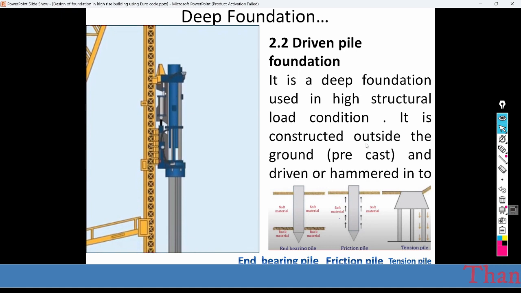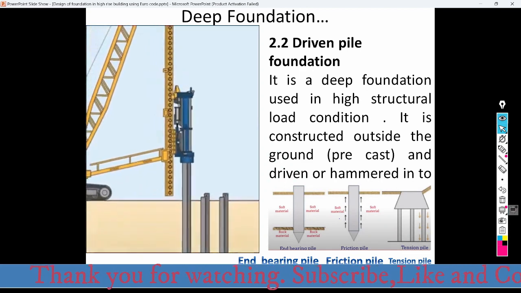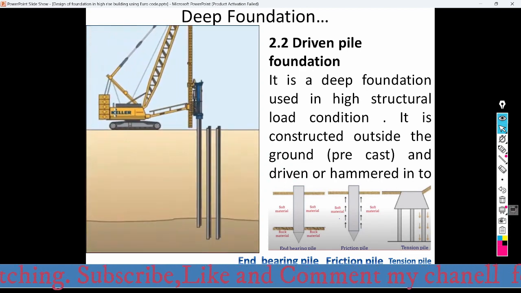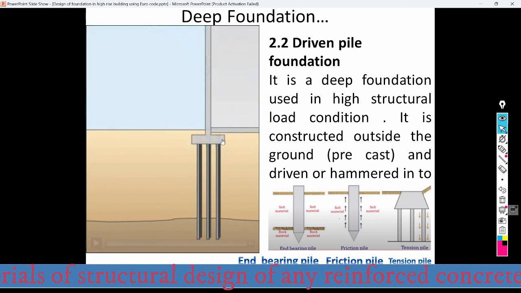Now the pile is going down until it arrives at the depth of the pile foundation bed. Just like this. So here it arrives at its bed. So the pile cap and the construction of the superstructures continues. So these types of pile are called driven pile. So here this strata may be hard soil, or a layer which is adequate enough to withstand the load coming from the high-rise buildings.